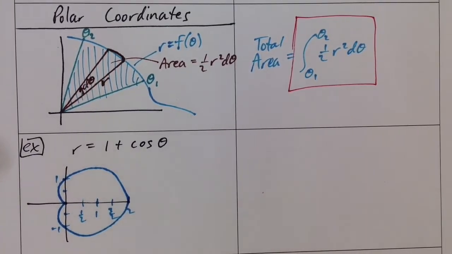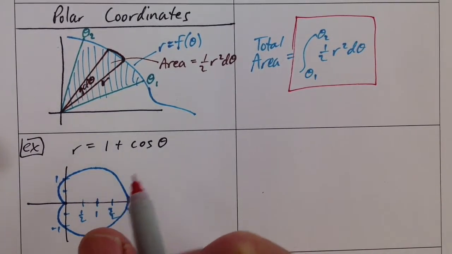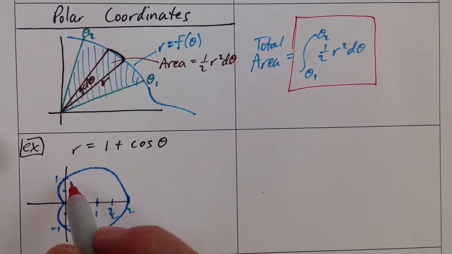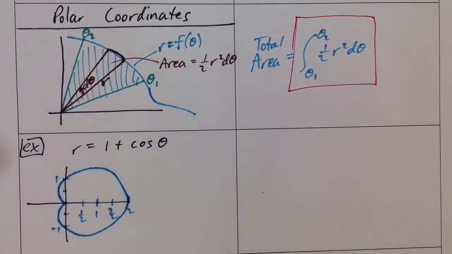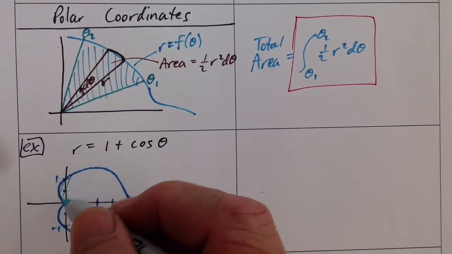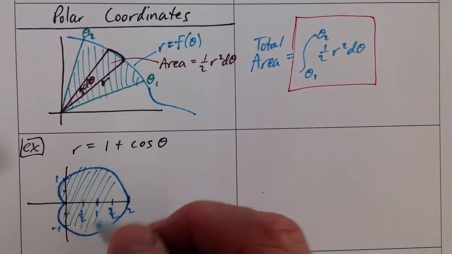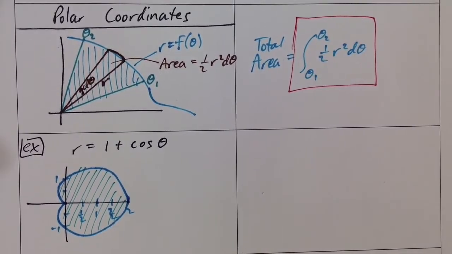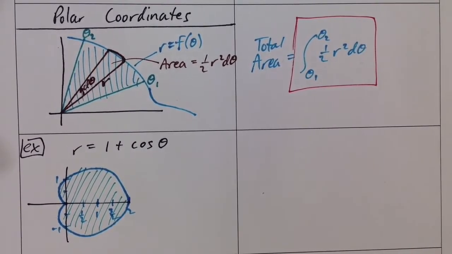Okay, and we want the area of the entire region. So we want all this. Let's do it in the same color. That's all this. So if we want the area of all that, we have to figure out, well, first of all, where does our theta 1 start?